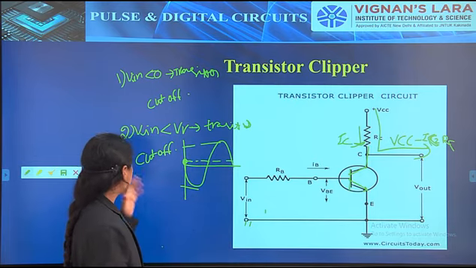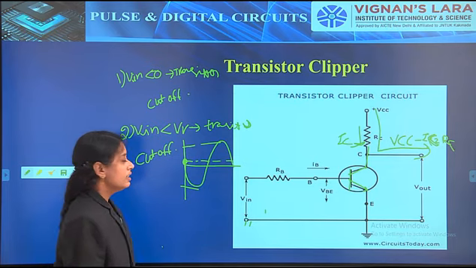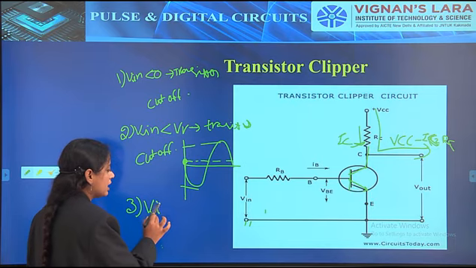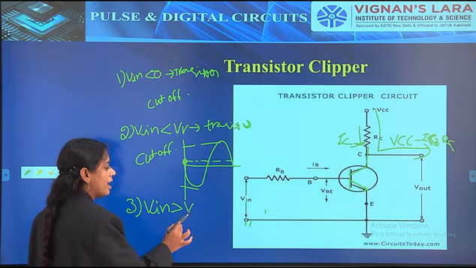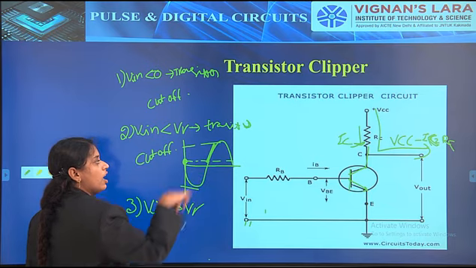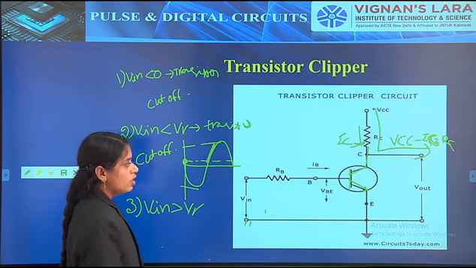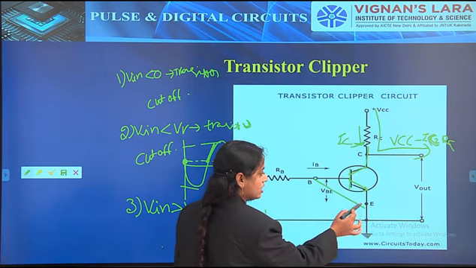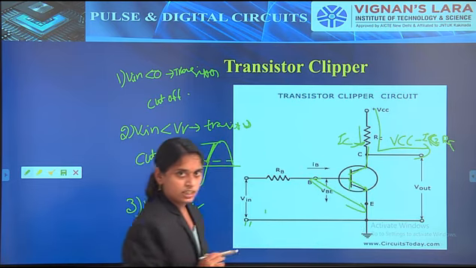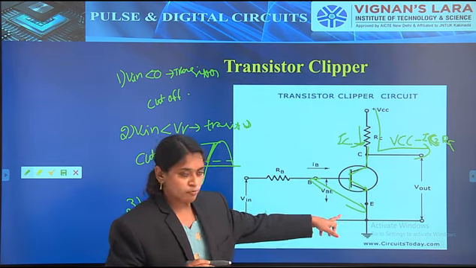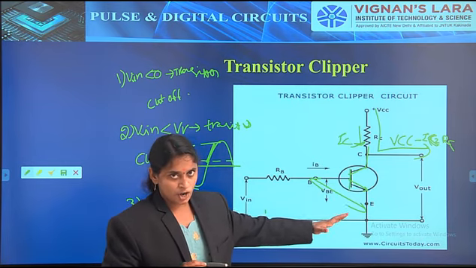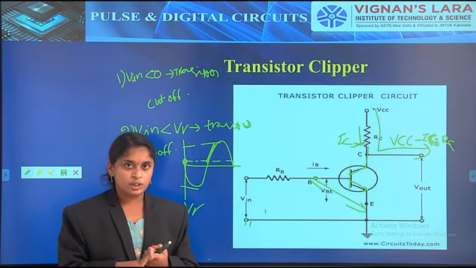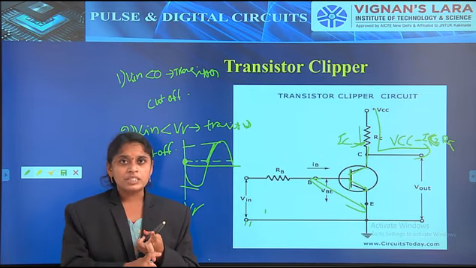Next we have to check the other condition, when V input is greater than V gamma, nothing but above this signal, and observe what happens. Obviously the VBE terminal of the transistor will be on, forward bias. So we have two options: either it may be in the active region or in the saturation region.